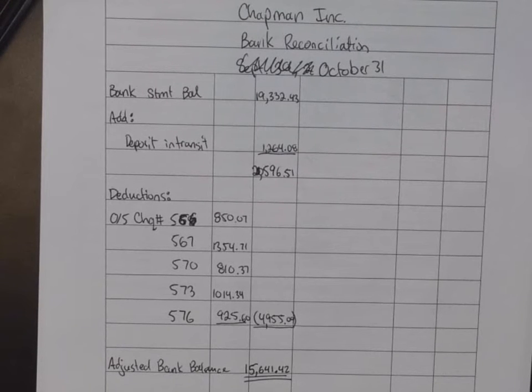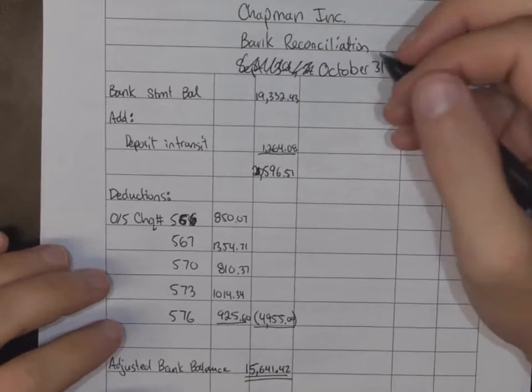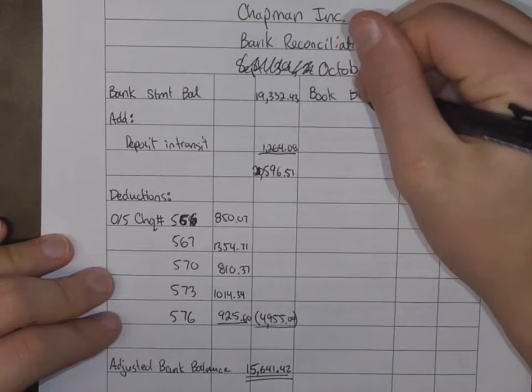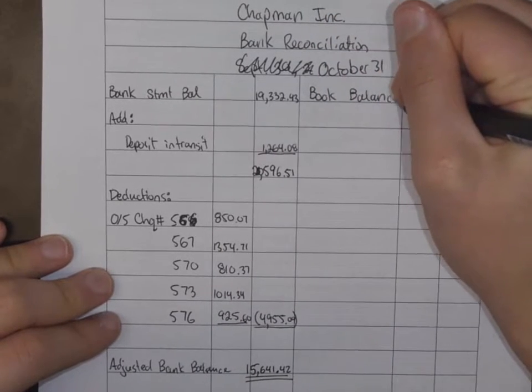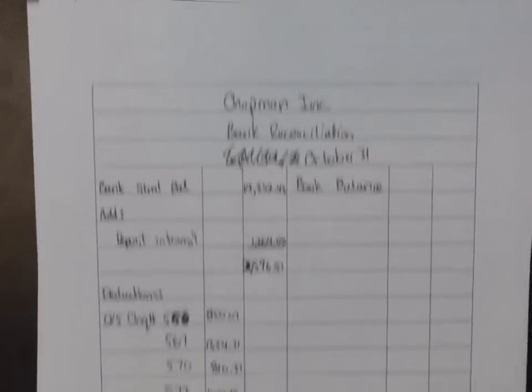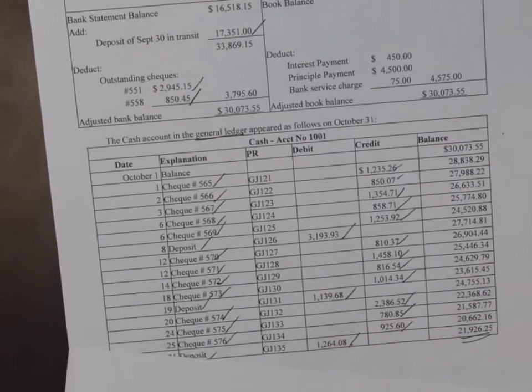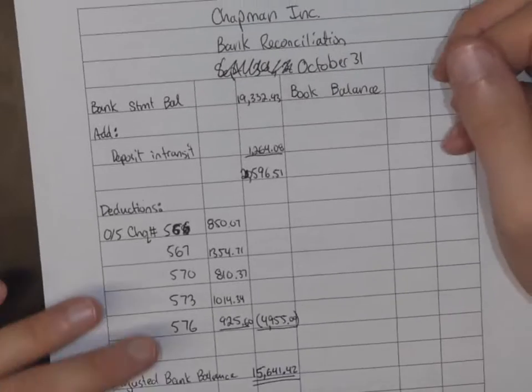Okay, now we've done what is in our book that's not represented in our bank. Now we do what's in our bank that's not represented in our book. So we start with our book balance. We can go over to our general ledger and find our last balance of cash here, 21,926.25.